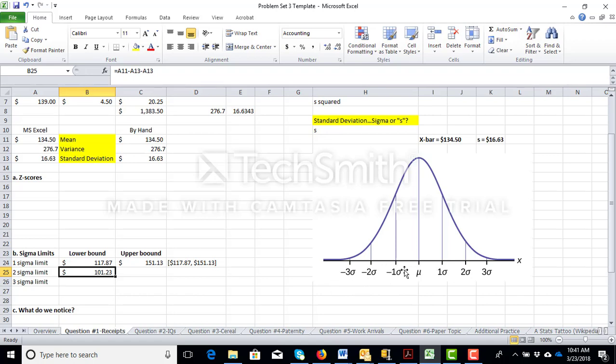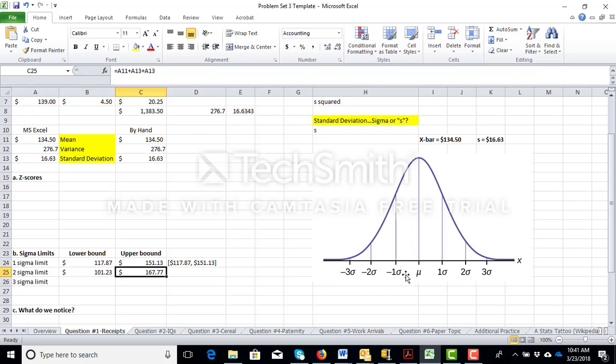Okay, looking at the graph, we're trying to get the dollar value of the receipt that is exactly 2 standard deviations below the mean. And now I'm going to get the dollar value of the receipt that's exactly 2 standard deviations above the mean. So I go equals the average, which I already have here in A11, plus 1 standard deviation, plus 1 standard deviation.